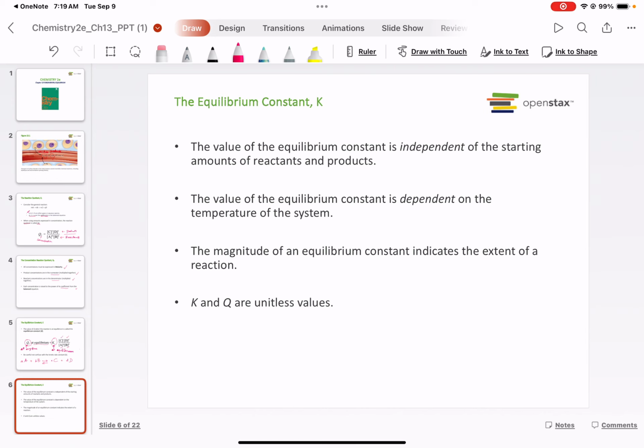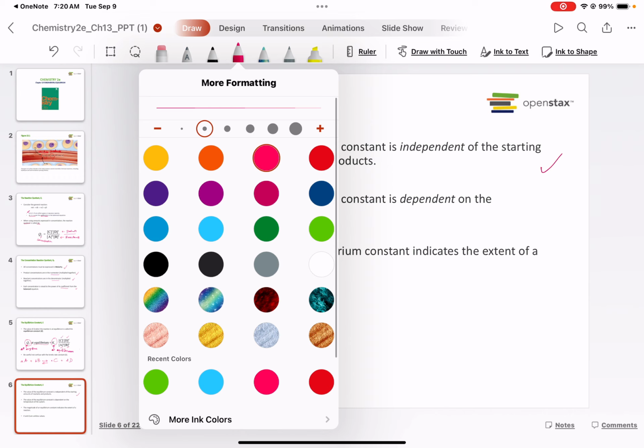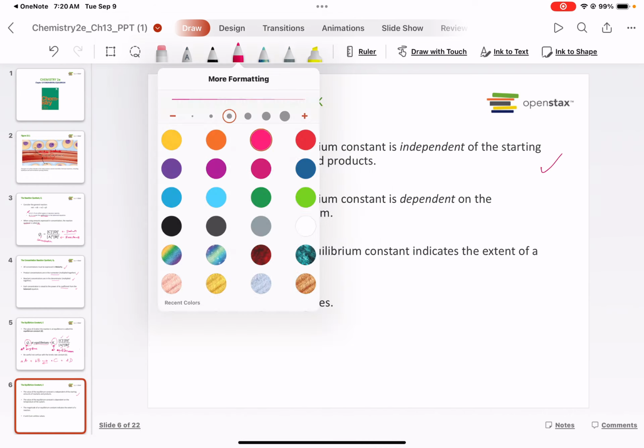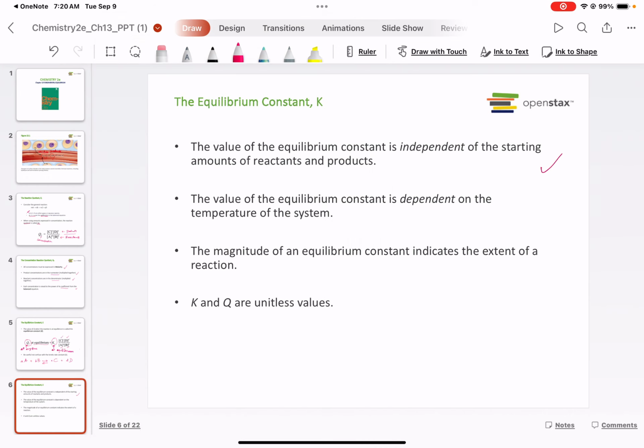All right, and don't confuse K with the rate of reactions. The value of the equilibrium constant is independent of the starting amount of the substances we're dealing with. It does depend on the temperature, and of course how big the value of K is tells us about the reaction.